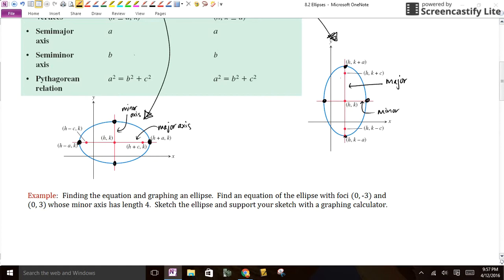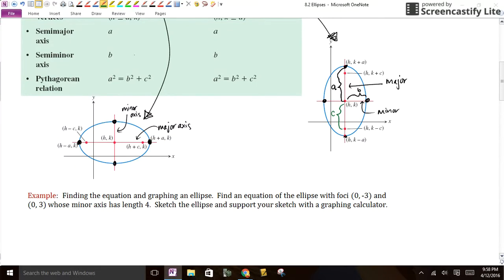This distance right here is A units. Whatever was under the Y in this case, we're going to square root it, and we're going to go that far up and down in the Y direction. And the other direction is going to be B units to the co-vertices. And then the foci are going to be C units away, and they'll be in the same direction as the vertices.